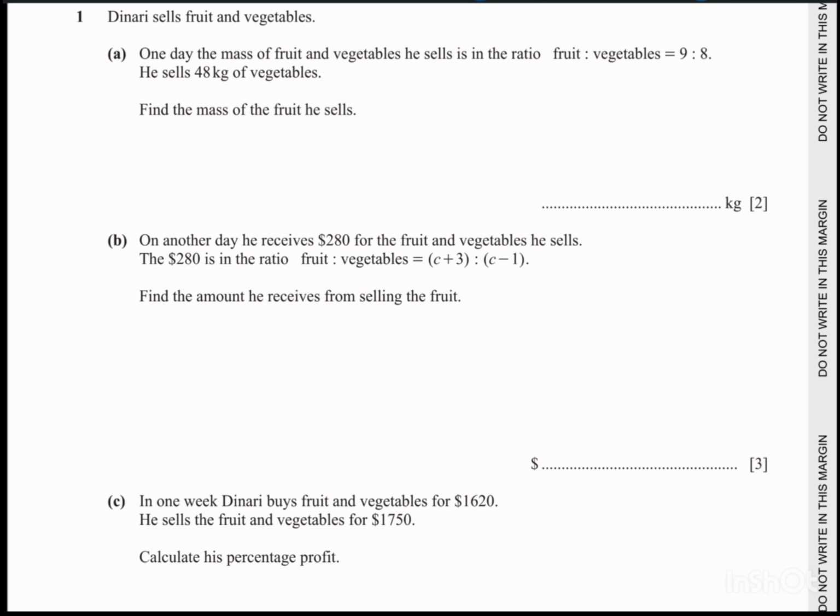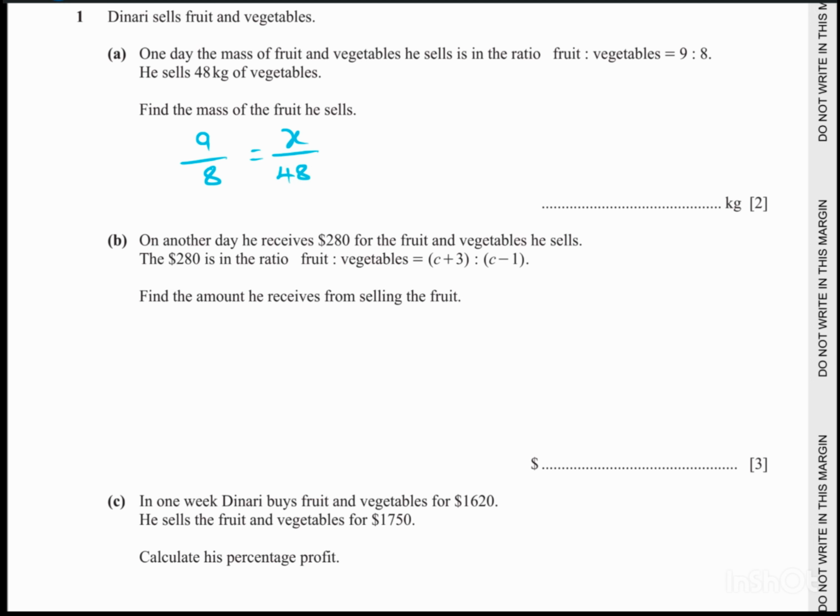So in this question they have given the ratio of fruits and vegetables he sold, and also they gave the weight of vegetables separately. So now this ratio can be written as fraction 9 by 8, and you can write the mass of the fruit as x by 48.